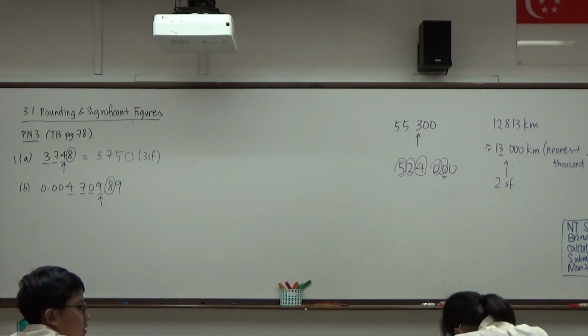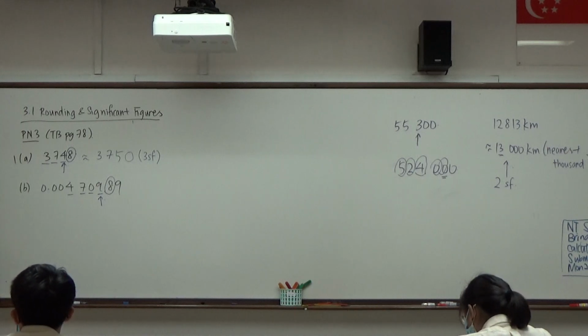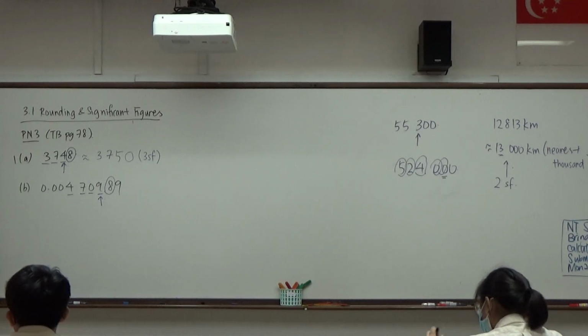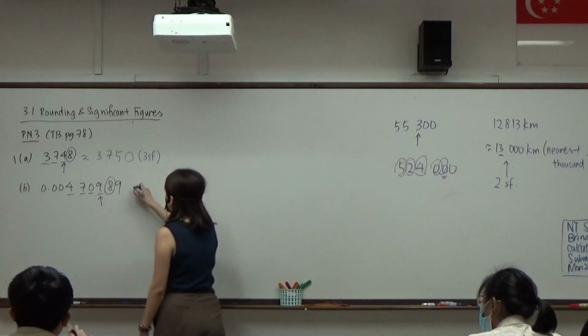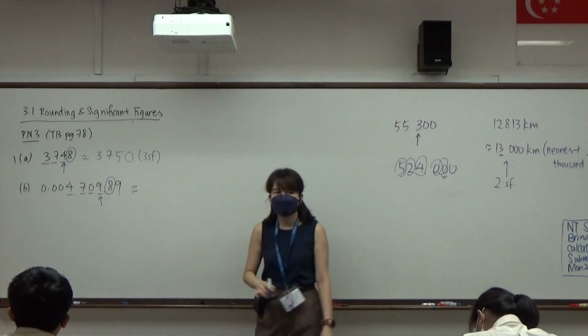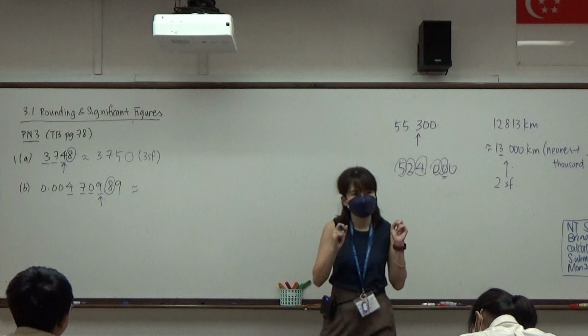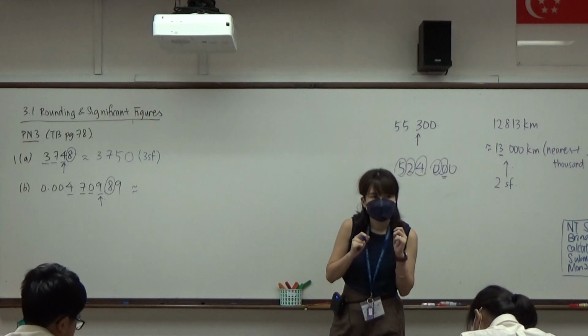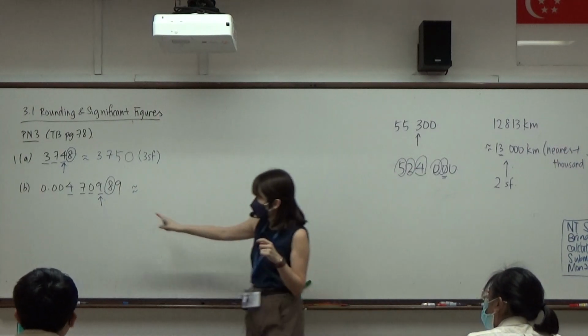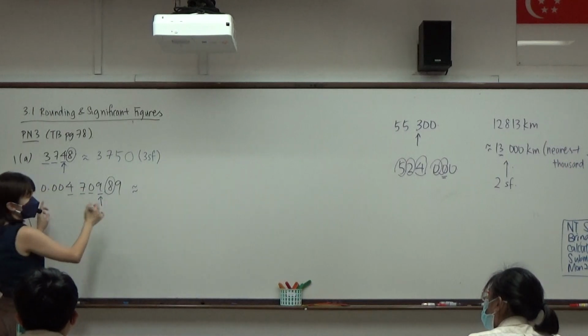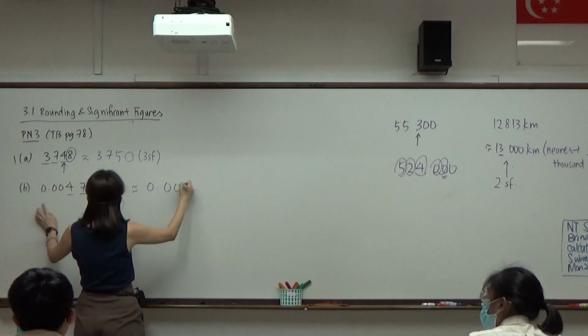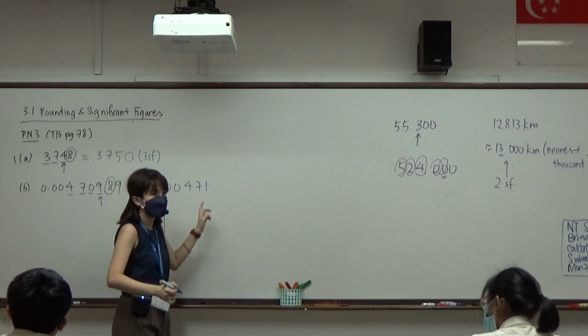He already gave you the answer, you didn't give it a try. Try it, nothing wrong with being wrong. We are all here to learn. 9 rounds up to become? So the 0 becomes a 1. So I will write 0.00471. Is that all?